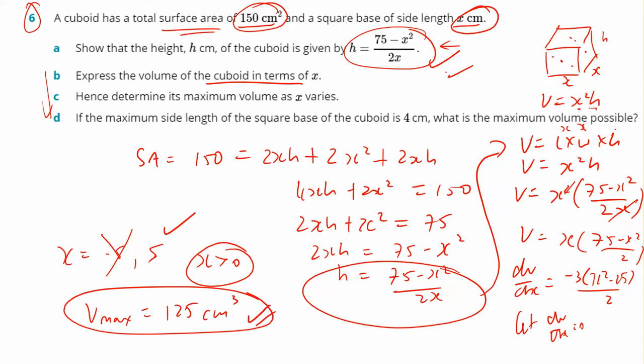Okay, and if the square side length of the cuboid is 4 centimeters, what is the maximum volume possible?